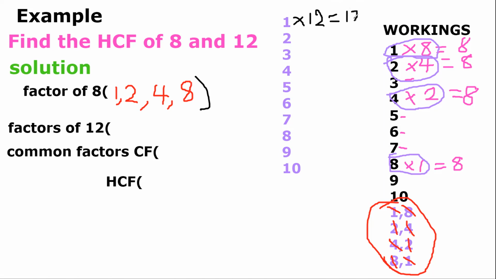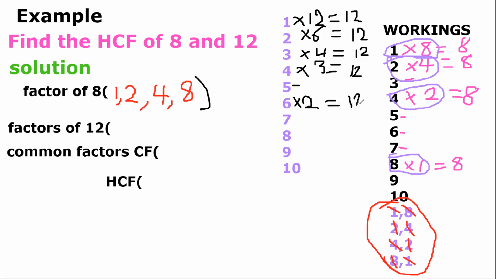1 times 12 will give you 12. 2 times 6 can also give me 12. Okay, 3 times 4 can also give me 12. 4 times 3 can also give me 12. 5, no. 6 times 2 can also give me 12.